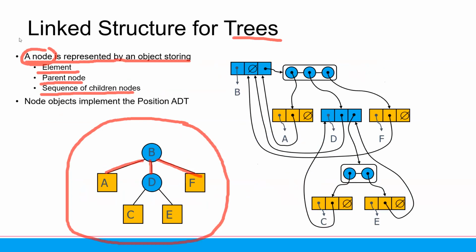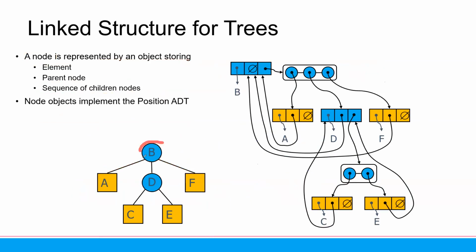So for example, I know that B is the root. As we read this one, we have element. So we can have like 3 parts. The first is the element. The second is the parent node. Where is the parent node? And the other is the sequence of the children node.